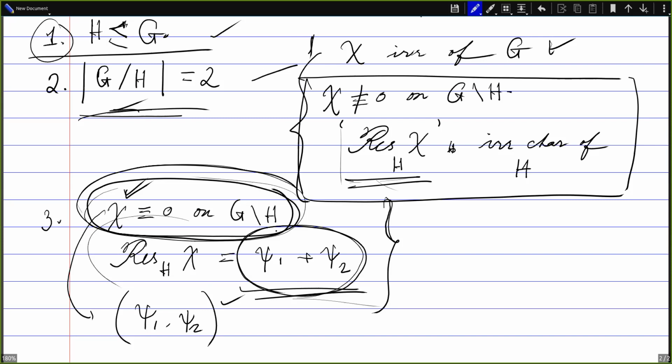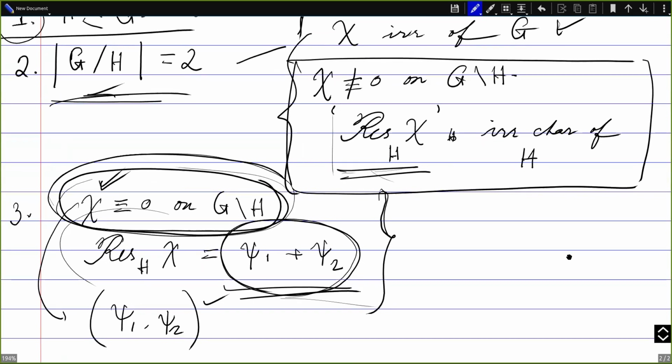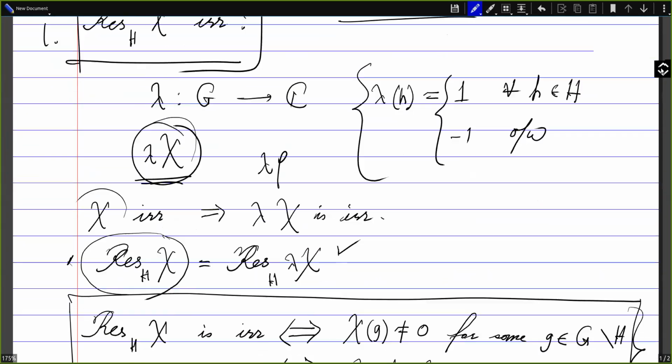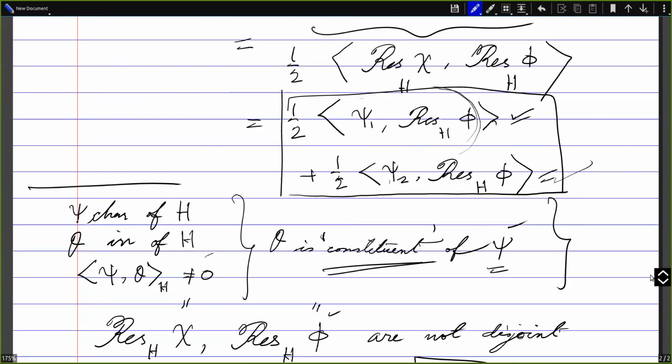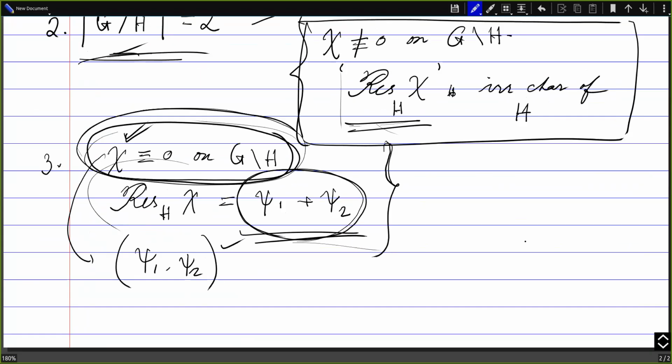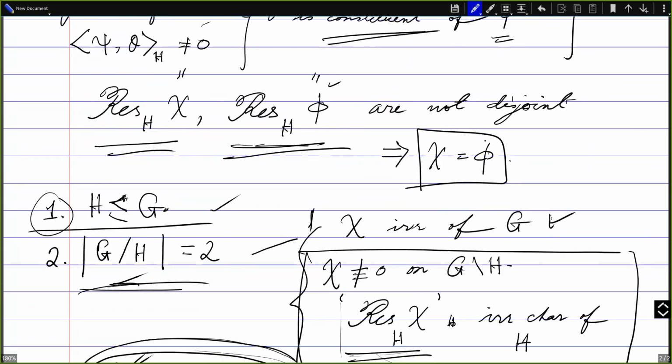So in the next video, whatever we have seen in the last video and in this video, we will apply to a concrete situation, namely when G is S5 and H is A5, because the most standard example of an index 2 subgroup is the alternating subgroup of symmetric groups.